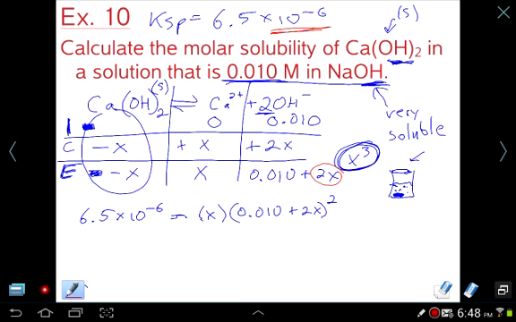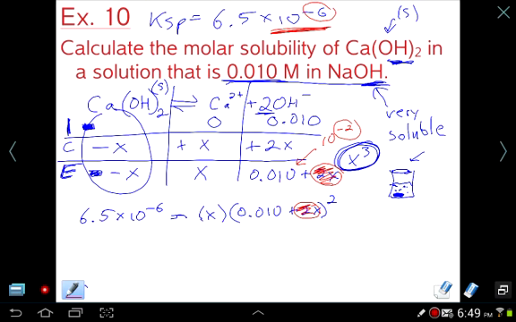We have 10 to the negative 6th. This number here is 10 to the negative 2nd. We are within 3 orders of magnitude at least. We actually are more than that. So we could justify ignoring x, and so this will make our problem quite a bit easier.